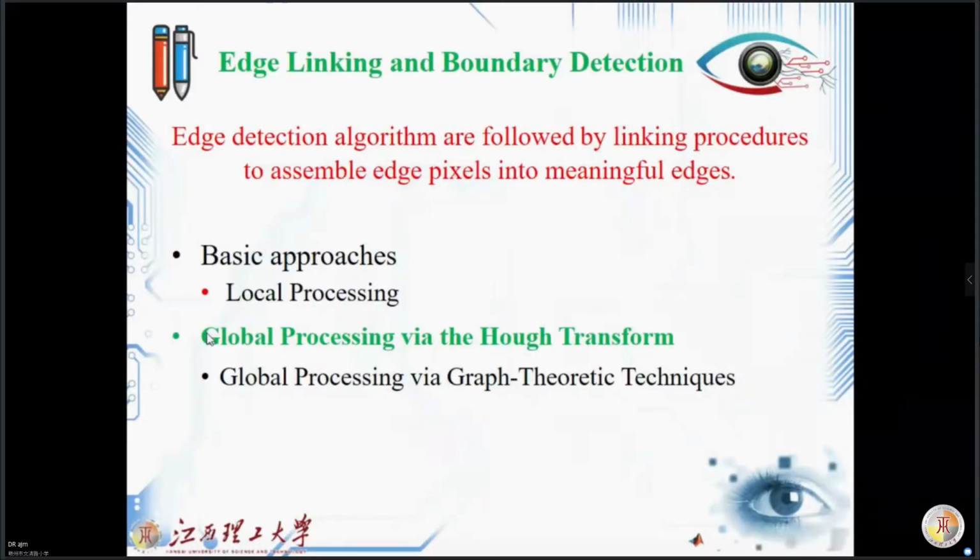Some basic approaches are local processing and global processing, which we can do with the Hough transformation, and global processing via graph-theoretic techniques. These are the approaches that we can use for edge linking or boundary detection.